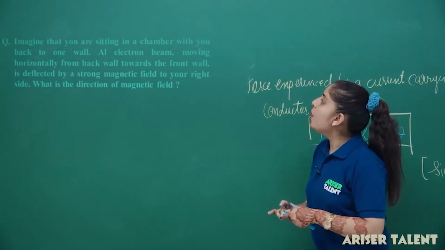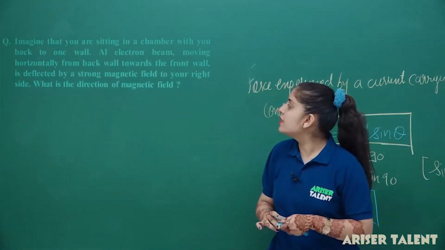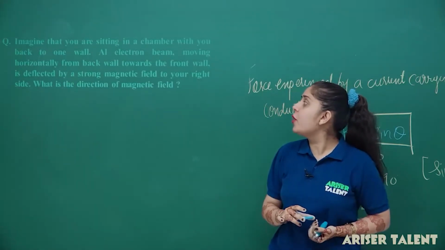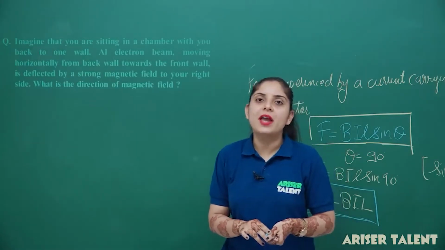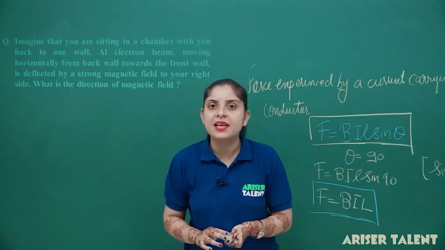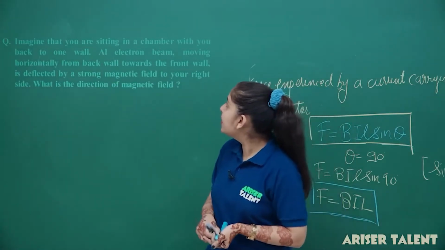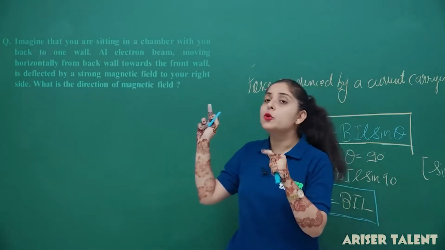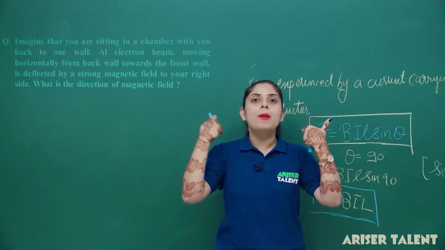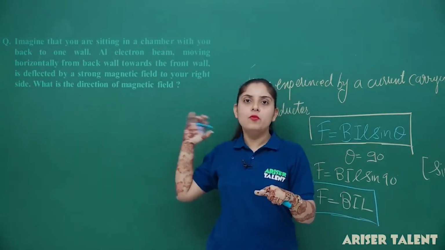Imagine that you are sitting in a chamber with your back to one wall. So this is a question in which you have to find out the direction of the magnetic field. This type of question we have also discussed in our previous session, but again we have one more question. So let's see what the question is saying. You are sitting in a chamber with your back to one wall. It means your back is against the wall.